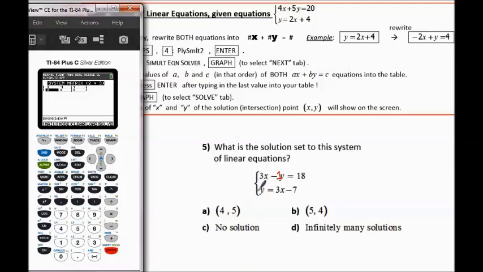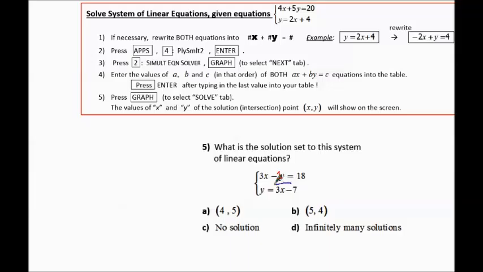And we might be tempted to enter a 1, a 3, and a -7 here, but hopefully you've noticed that this equation is not in standard form. It should have the x term in the front, so we need to rewrite it. This 3x needs to be subtracted from this side, placed over here. What we have is a -3x.